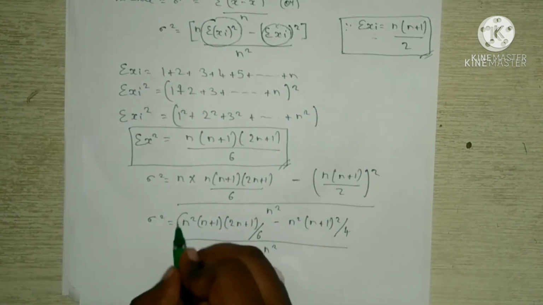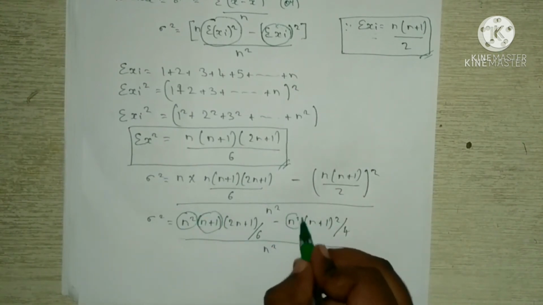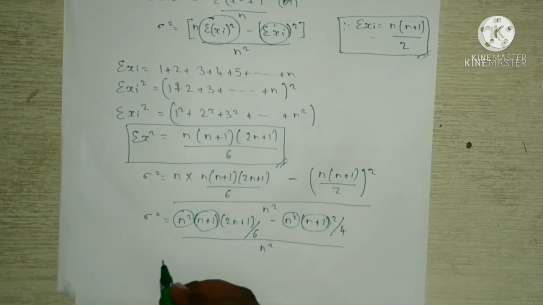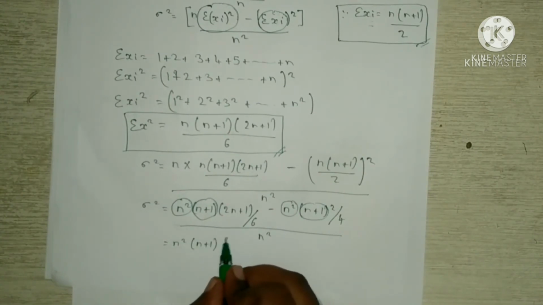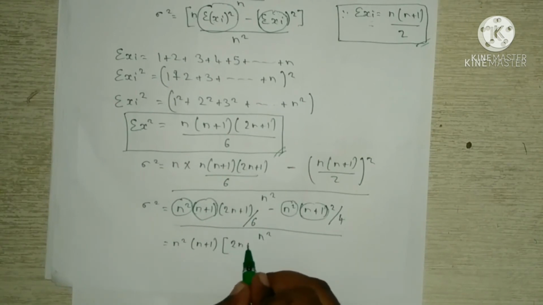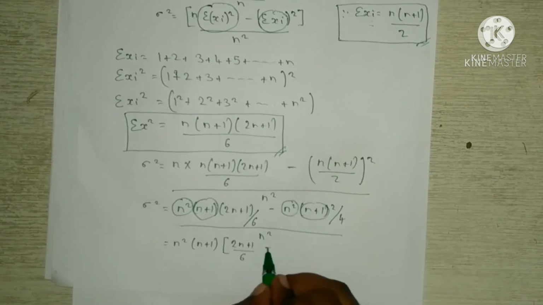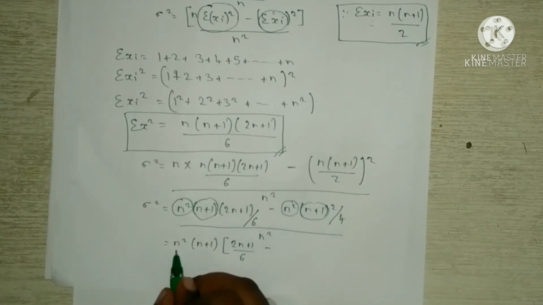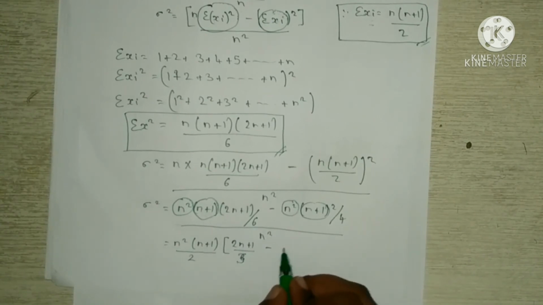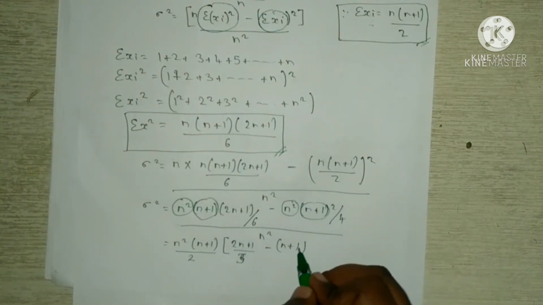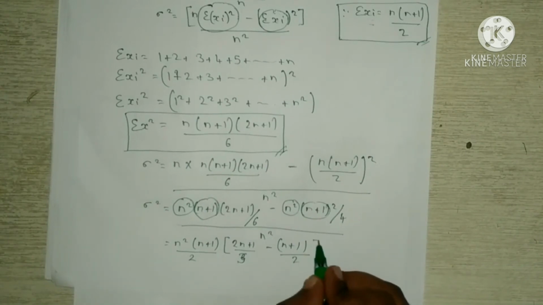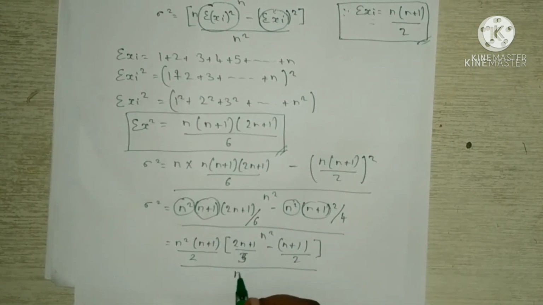In both the terms you can take n square n plus 1 as common. So n square n plus 1 common, 2n plus 1 divided by 6 minus, taking 2 common, you get 3 n plus 1 divided by 2, all divided by n square.